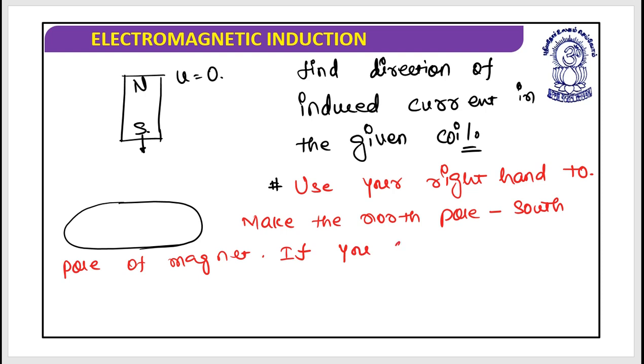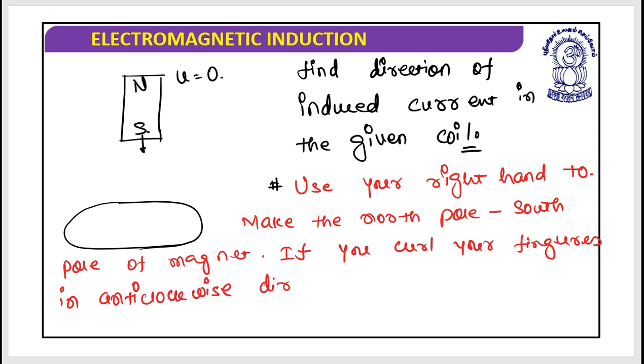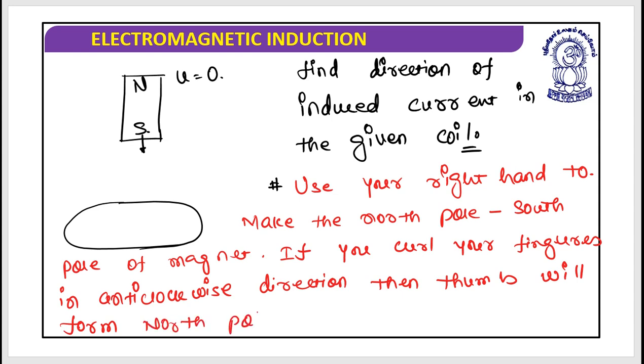If you curl your fingers in anti-clockwise direction, then the thumb will form the north pole, and the opposite end will make the south pole.